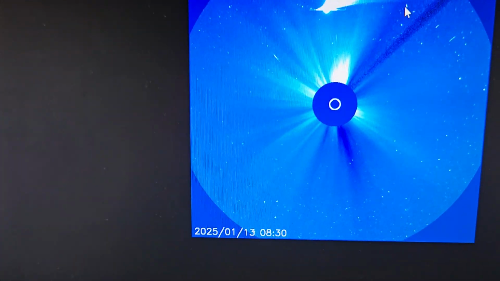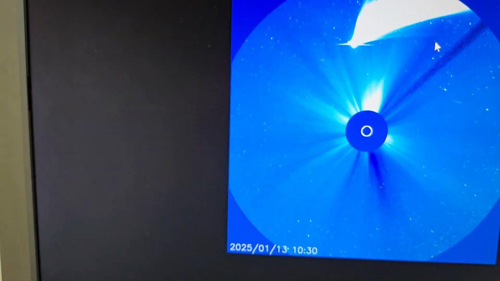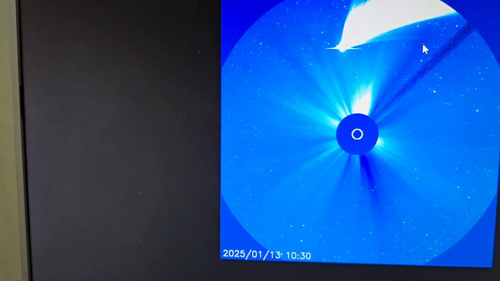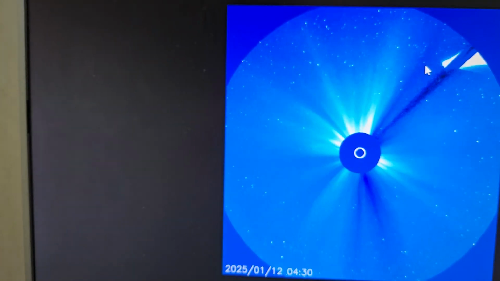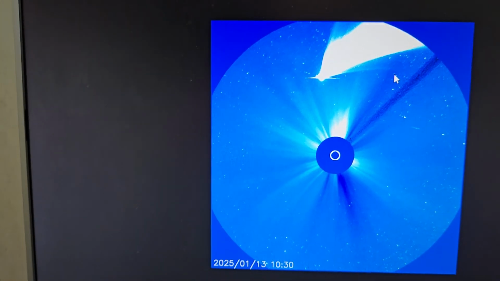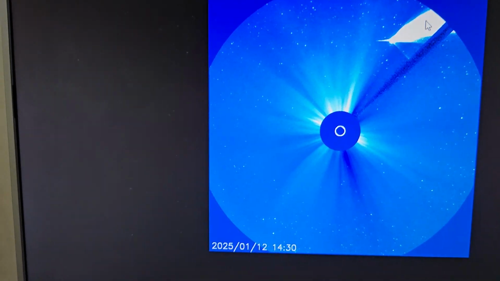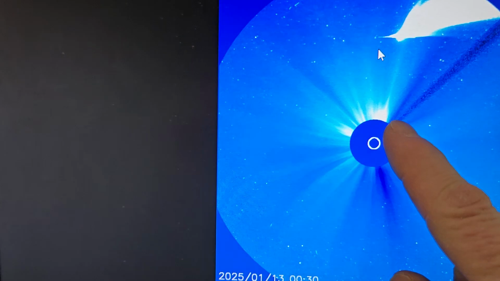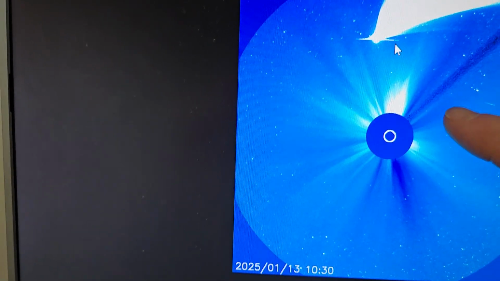What I likened it to was, imagine the summertime, you're at a campfire, and a moth flies by and falls in love with your campfire and dives in. And, of course, it's not going to end well for the moth. We didn't know if this comet would survive or not. It did. But the real reason I'm showing you this is, look at all the stuff blasting out from the sun. There's a lot of stuff right here.